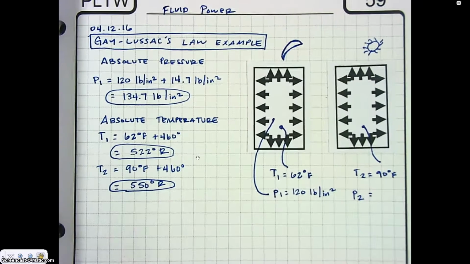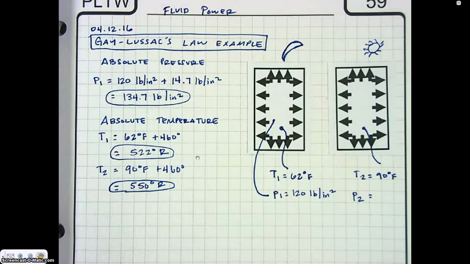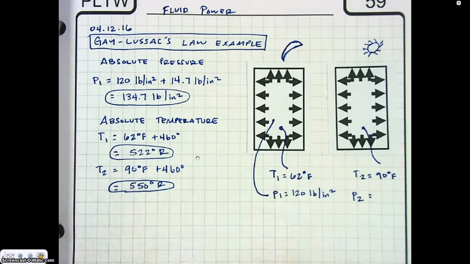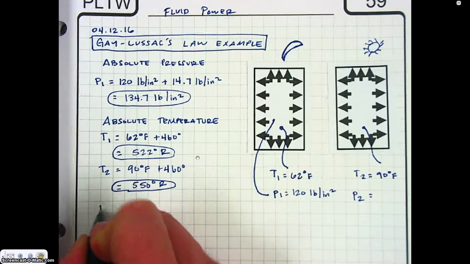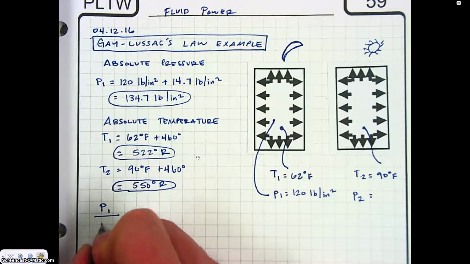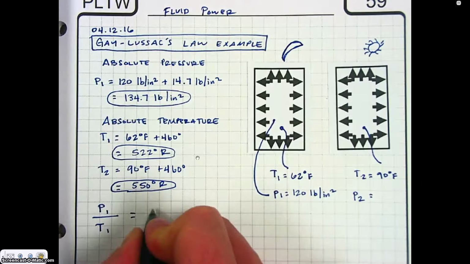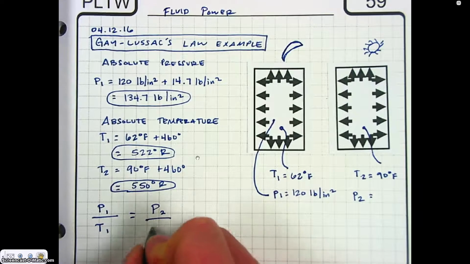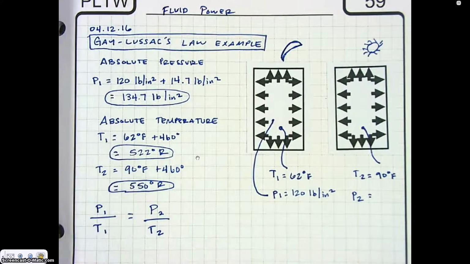Alright, now we can go ahead and use our formula and solve. And so our formula from our formula sheet is the pressure of 1 divided by the temperature of 1 is equal to the pressure of condition 2 divided by the temperature of condition 2.